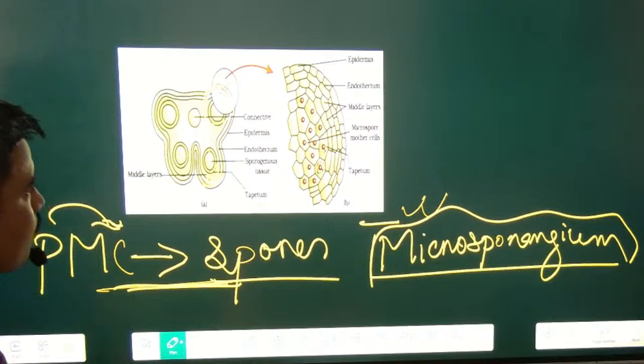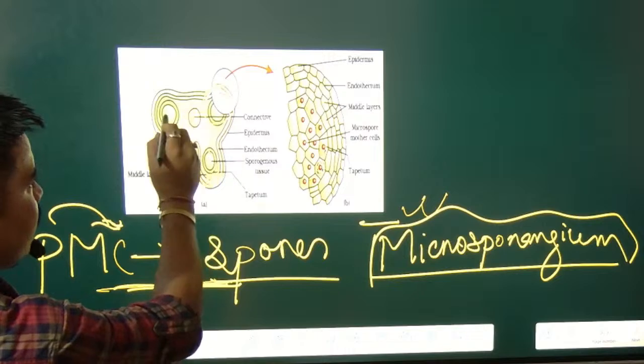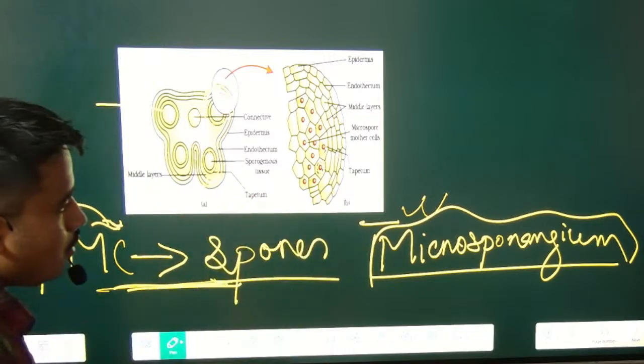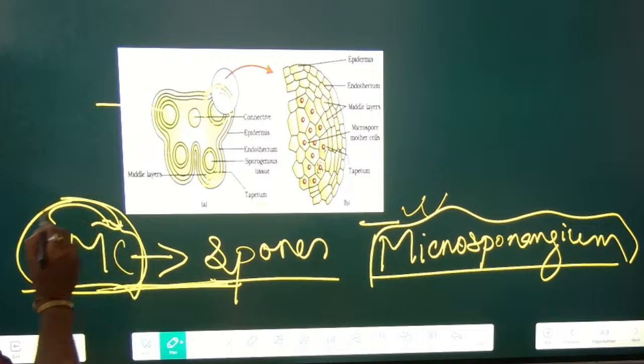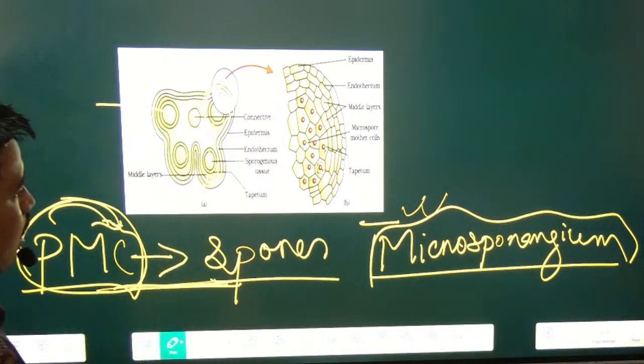So there are 3, you can say 4 microsporangia. Each is filled with what? PMC. Not spores, because spores are not yet created. Many PMCs together are called sporogenous tissue. So these microsporangia are filled with sporogenous tissue, and sporogenous tissues are made by PMC.